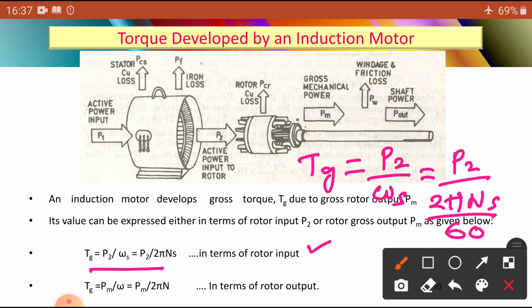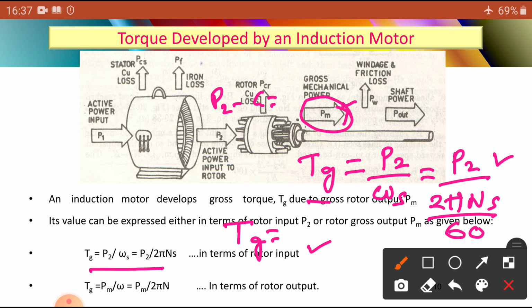So the gross torque developed is in terms of the rotor input. Okay. At the same time, in terms of rotor output, what is the rotor output torque? This was in terms of input. At the same time, Tg in terms of output we can write the same way. What is the output? PM. Here P2 minus the losses is equal to PM.